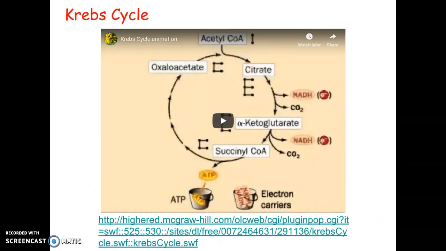I'm not going to go through the steps of the Krebs cycle. I just want to point out that for each turn of the TCA, we are going to produce 3 NADHs, 2 CO2s, 1 FADH2, and 1 GTP.